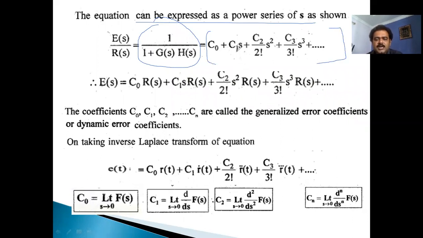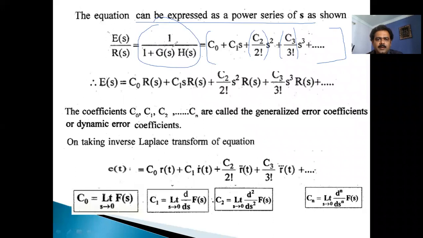So this is a generalized form: some constant value C0 plus C1 into S, C2 into S square term, C3 into S cube term, and so on. So for a generalized function E of S by R of S, this is the expression.